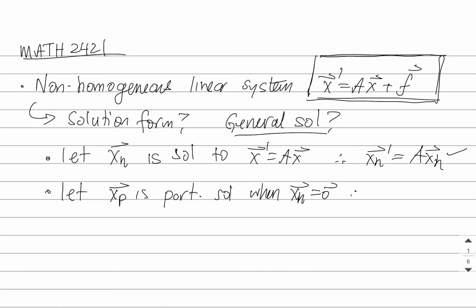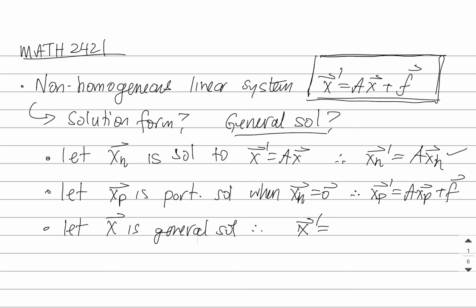So that means that XP prime is equal to AXP plus F. And just for fun, let's say that X is the general solution, so every answer, and that means that X prime equals AX plus this thing F.